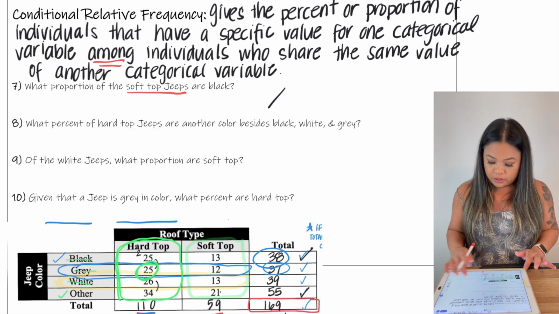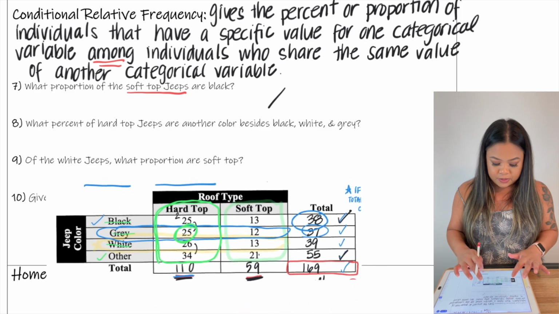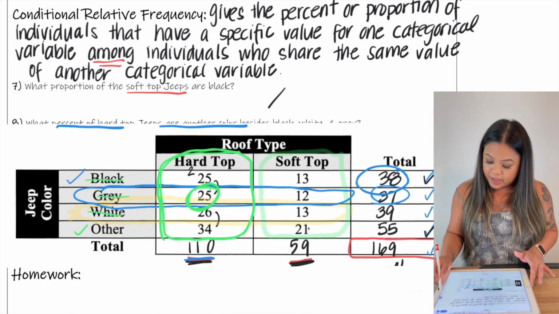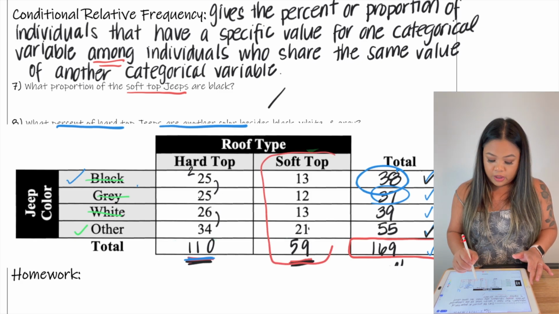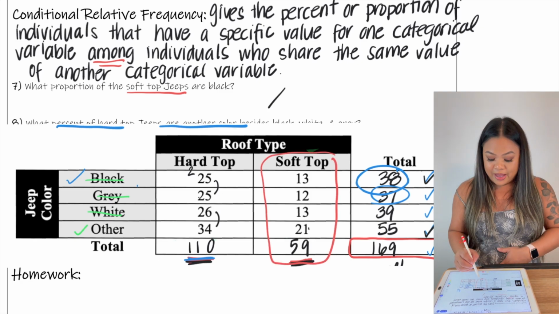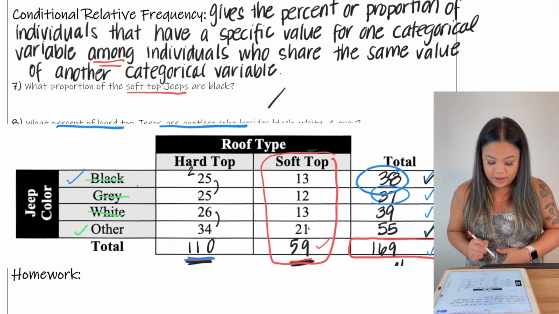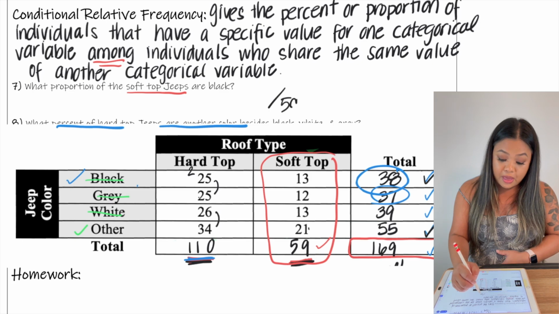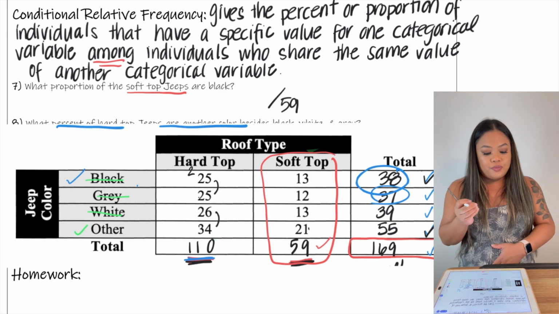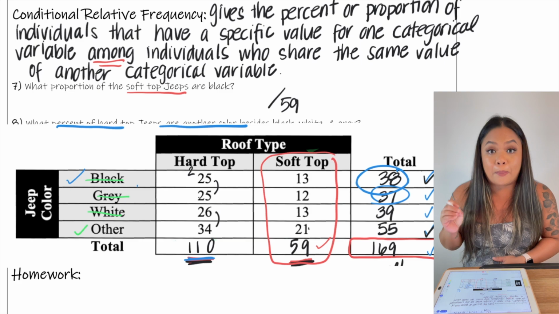If you look at our little chart here, for soft top Jeeps, we've got a total of how many? If you look at that column of soft top Jeeps right here, we're looking at the total. What is the total? It is 59. That's going to be our new denominator for that problem. Now, what proportion of the soft top Jeeps are black?